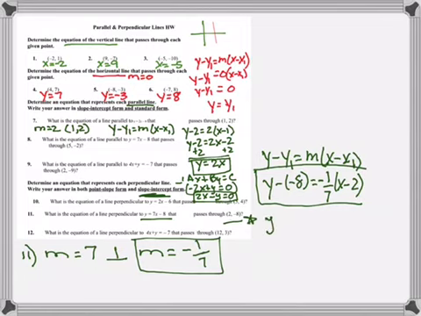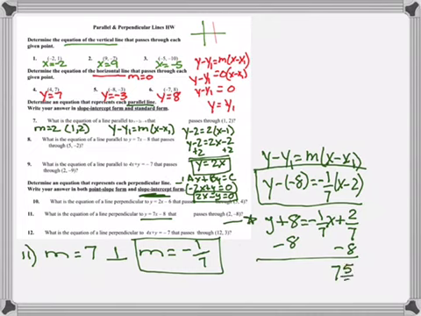So now we just need to simplify the equation and move our terms like we need to. So I will have y plus 8 equals -1/7 x plus 2/7. When I want to move the 8 to the other side, we need to subtract 8 from both sides. And this will give me -54/7.